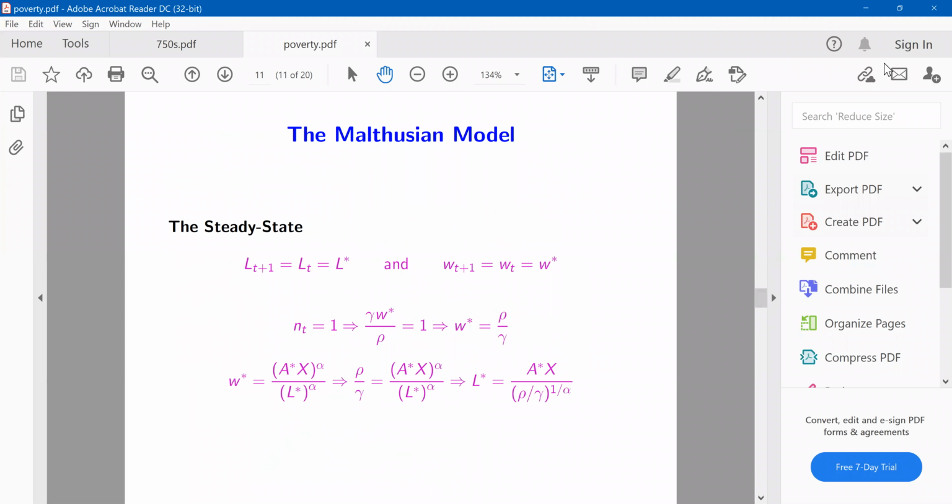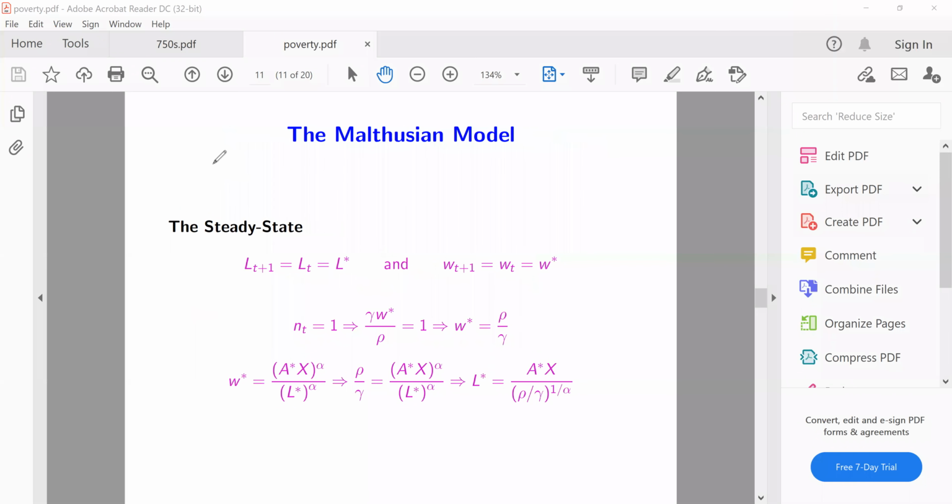Okay, so obviously then when we solve for the steady state, we are after clearly expressing the endogenous variables in terms of parameters, right? So you find L star as a function of parameters, and you find W star as a function of parameters.